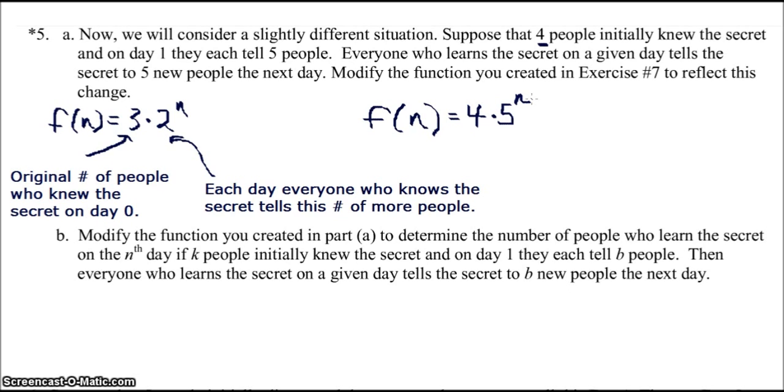Part B, modify the function you created in Part A to determine the number of people who learned the secret on the nth day. If K people initially knew the secret on day 1, they each tell B people. Then everyone who learns the secret on a given day tells the secret to B new people the next day. Okay, so now instead of 4 or 3 people initially knowing the secret, we have K people initially knowing the secret.